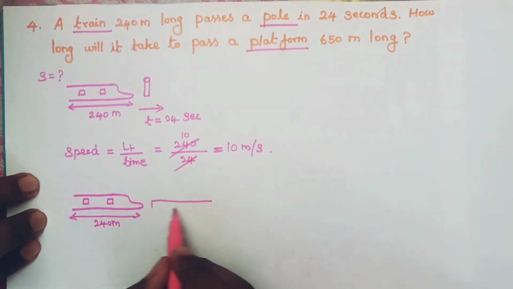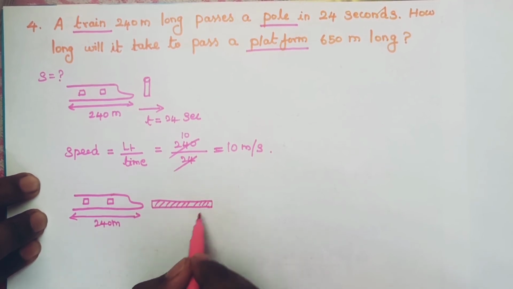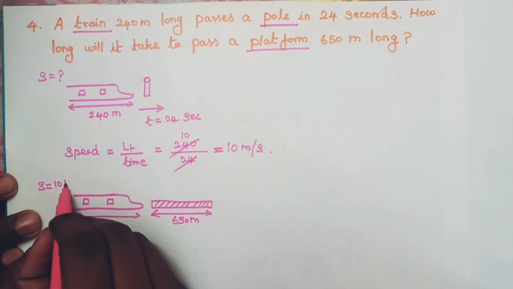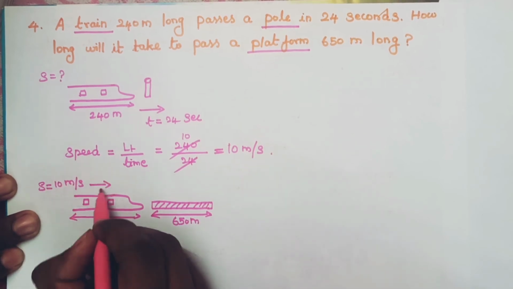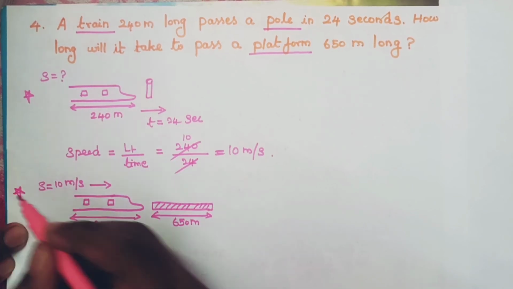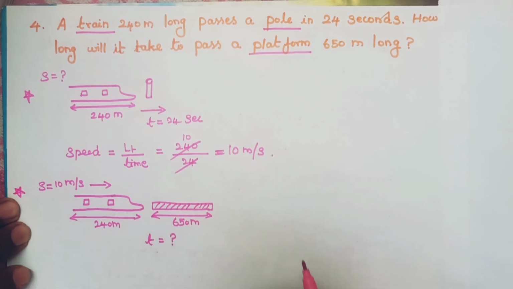Here is a 650 meter long platform, right? Speed we have found already by using the point method. And time we have to find.